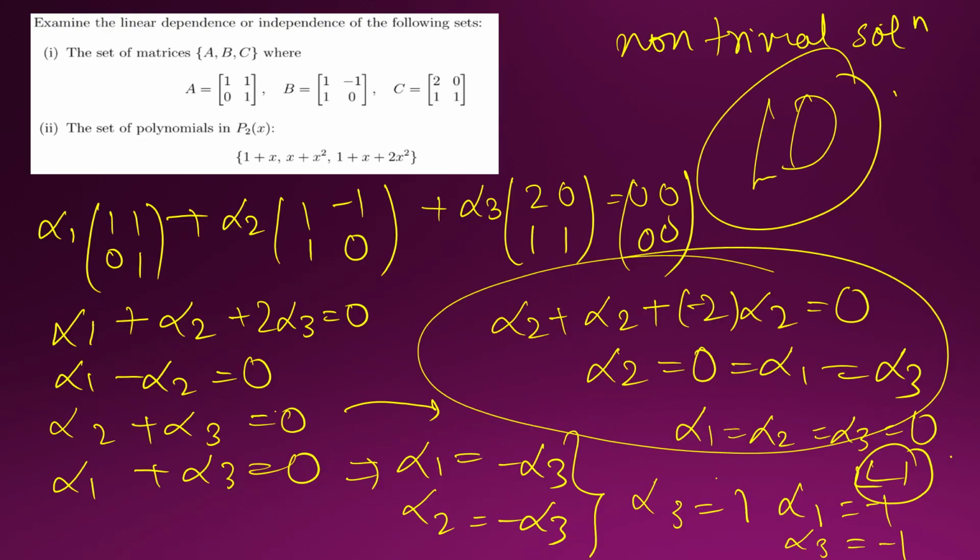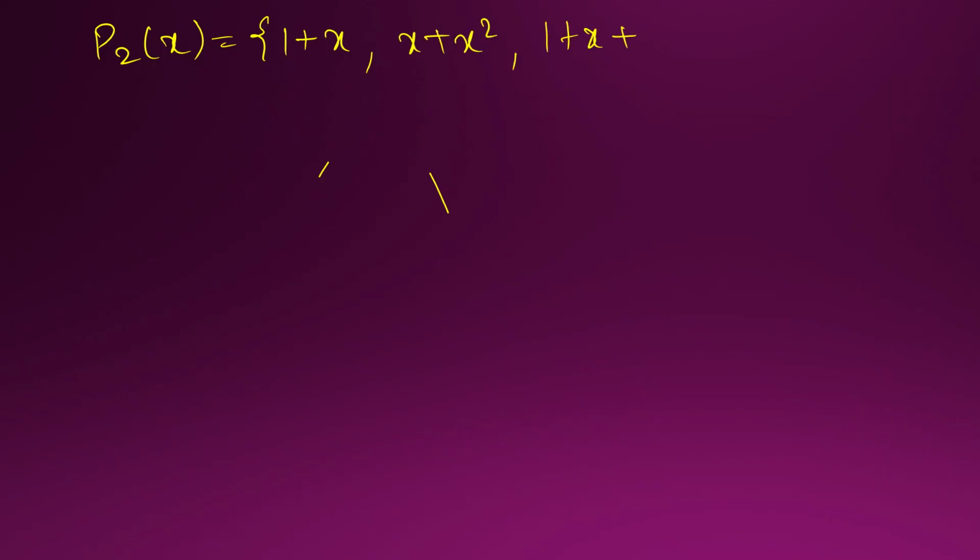Next part, let's see. Next part is of polynomials, where it's saying P2 of x is equal to 1 plus x, x plus x square, 1 plus x plus 2x square.